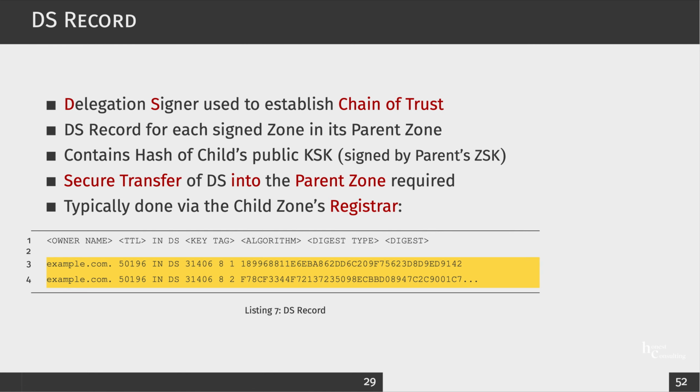And then we have a key tag, which identifies the key itself, the algorithm, and some additional values that are useful as well. But we don't have to deep dive into this right now. We just want to ensure that you understood that the delegation signer is the fundamental part that is used to create this so-called chain of trust.